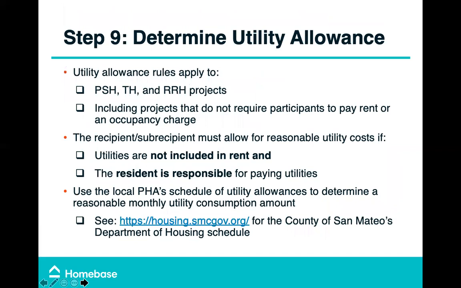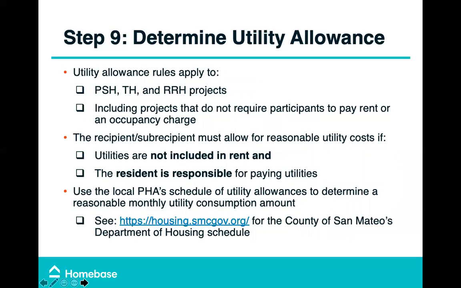Step 9, you're going to want to determine if the household should have a utility allowance. The utility allowance rules apply to permanent supportive housing, transitional housing, and rapid rehousing projects, including projects that do not require participants to pay rent or an occupancy charge. The recipient or subrecipient must allow for reasonable utility costs if utilities are not included in the rent and the resident is responsible for paying utilities.